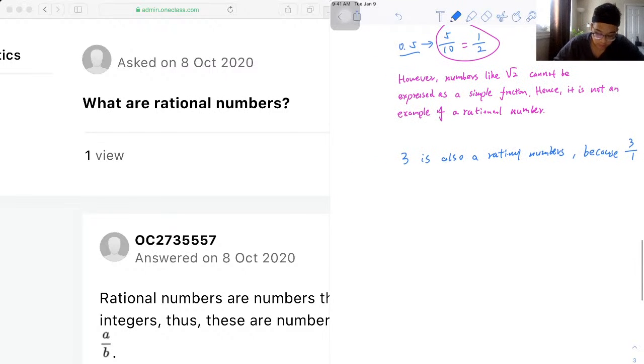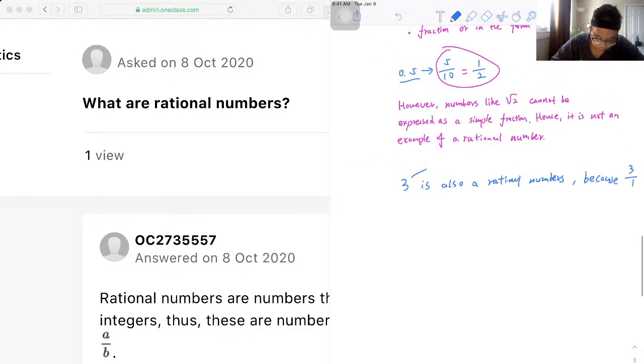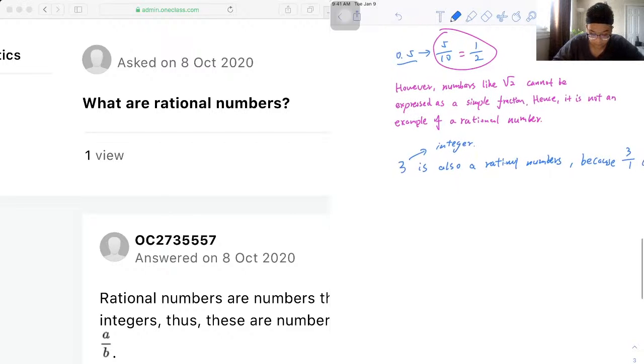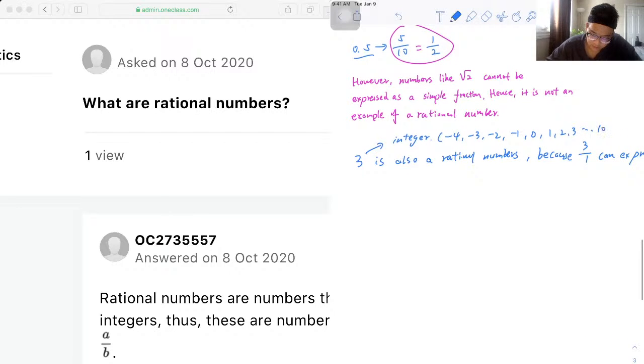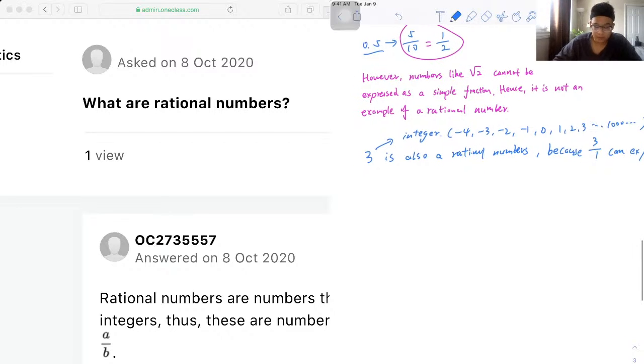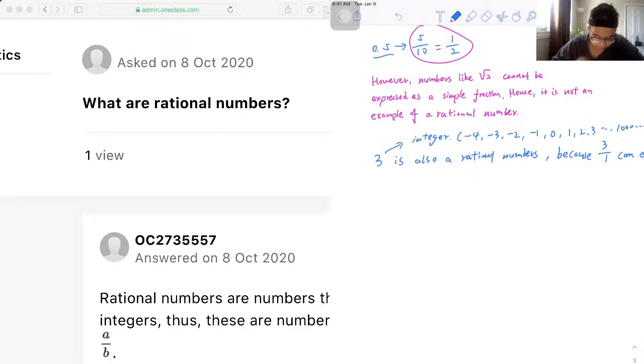And note 3 is also what we call an integer. So integers are those numbers without decimals, and they could also be negative. So numbers like -4, -3, -2, -1, 0, 1, 2, 3, and so on, up to 1000. So there are infinitely many integers.